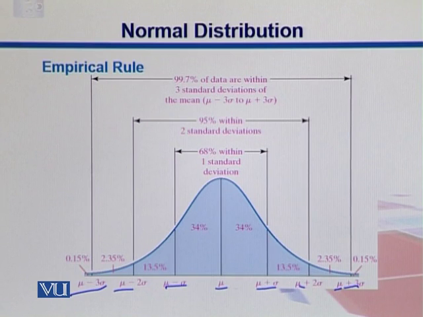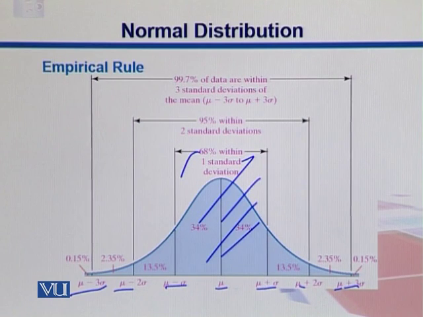We add 13.5% more towards the right and left, so 95% of the values are within 2 standard deviations. If we move 3 standard deviations away from the mean, 99.7% of the data are within that.